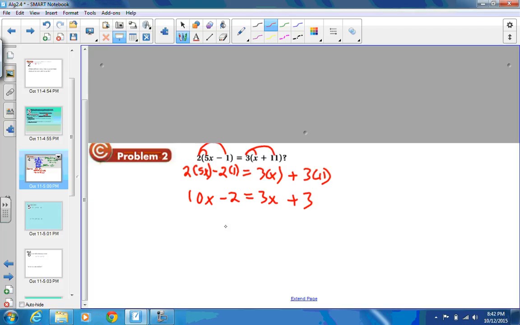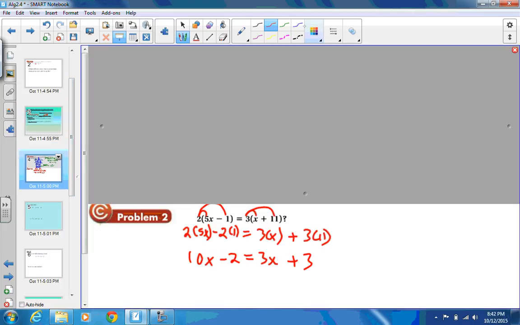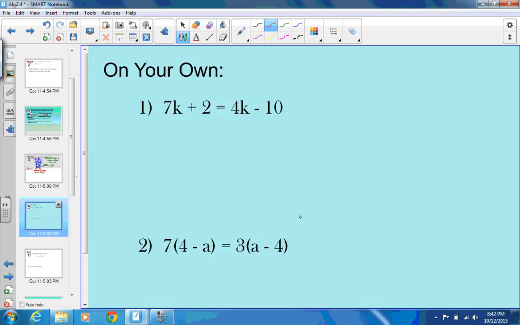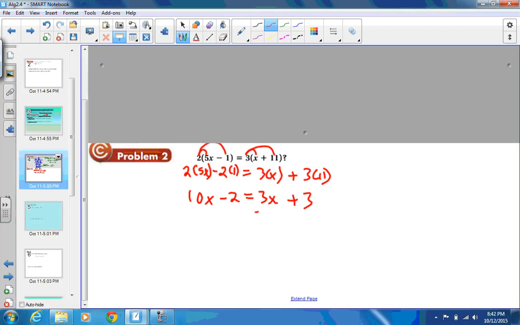So there we go. Next step, there's no other simplifying we can do. Use inverse operations to move the variable term. So we want to get the variable term to one side again. I'm going to try to make it a positive. We could minus 10x over here, but then we'd have a negative over here. So we're going to instead get rid of this 3x over here by subtracting. I'll draw this wall again.